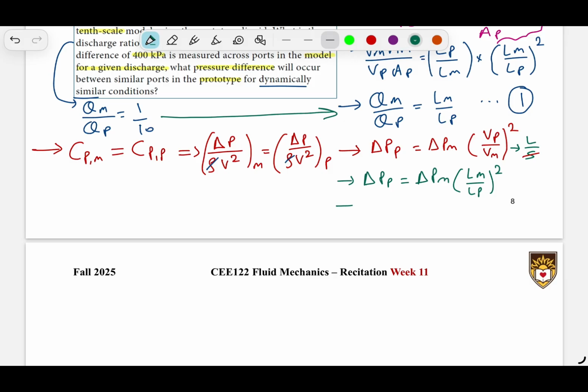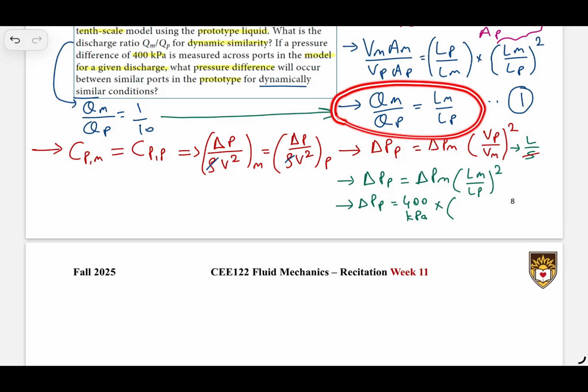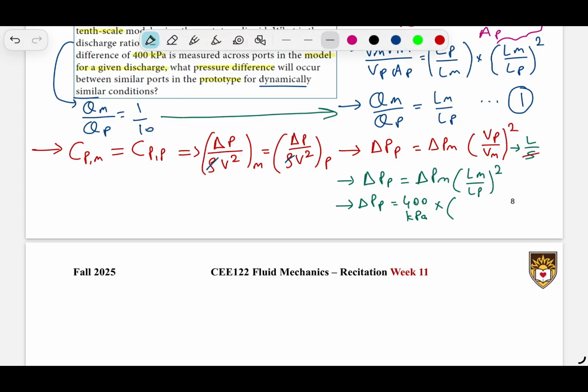So basically from here we get delta P, which is the pressure difference in the prototype, is equal to 400 kilopascal times Lm over Lp square. From the first part, we calculated that Lm over Lp is equal to 1/10. So here we will have 1/100, and from here we get 4 kilopascal pressure difference in the prototype.